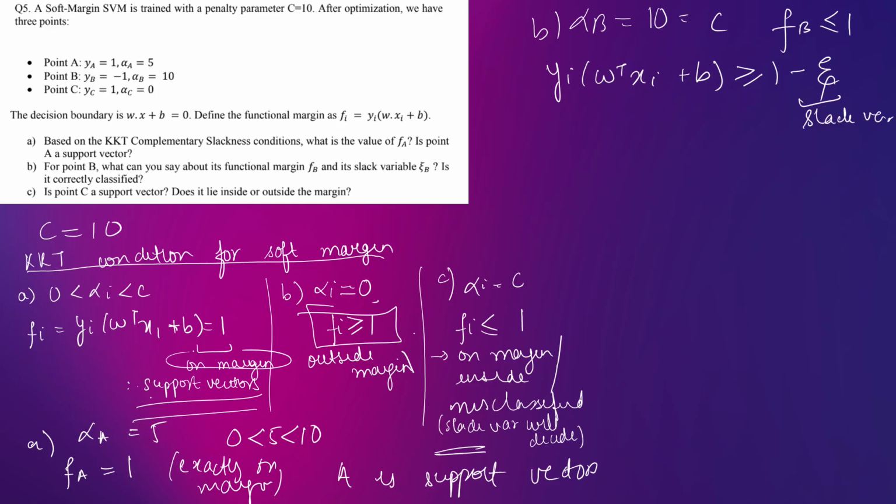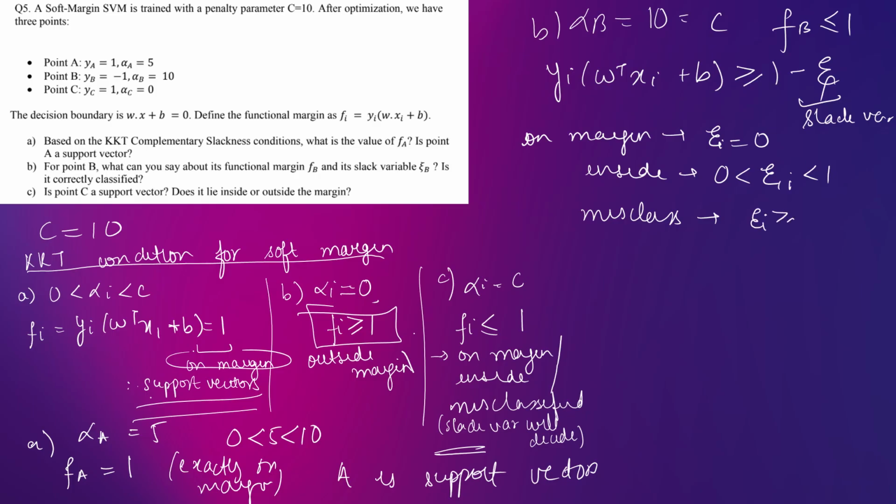Now, if it is exactly on margin, its value is equal to 0. If it is inside, it is between 0 and 1. And if it's a misclassified point, we get it greater than or equal to 1.